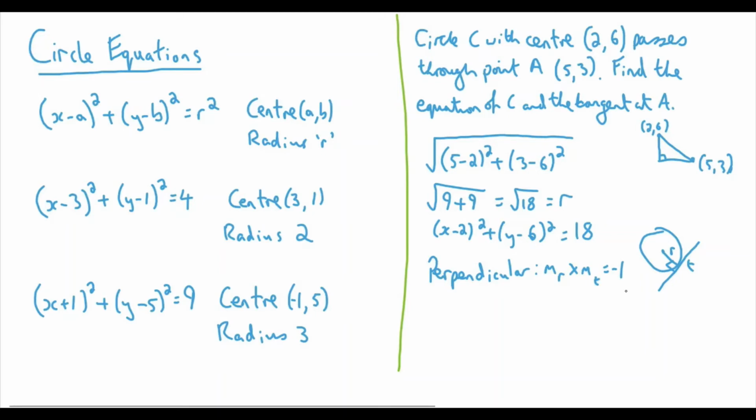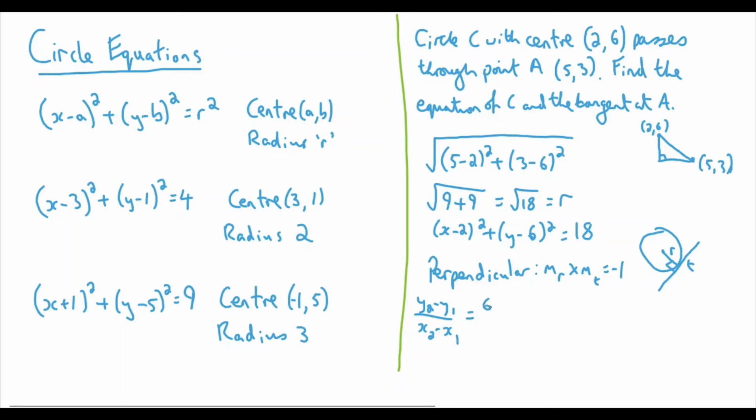So if we can work out the gradient of the radius, we can then plug that into this equation to get the gradient of the tangent, and then we can fill out the rest of our y equals mx plus c. To work out the gradient of the radius, we're going to do y2 minus y1 over x2 minus x1, the difference in the y divided by the difference in the x in this case.